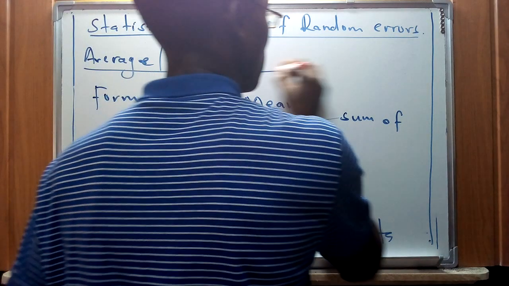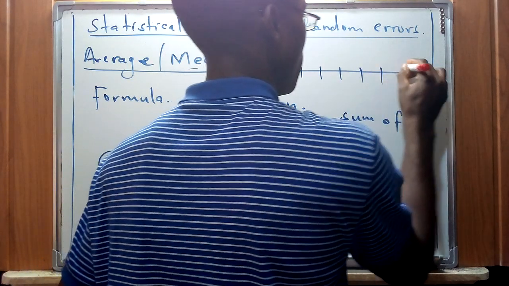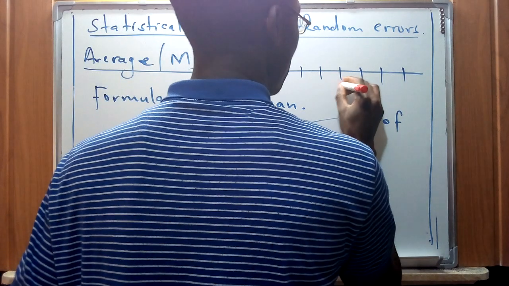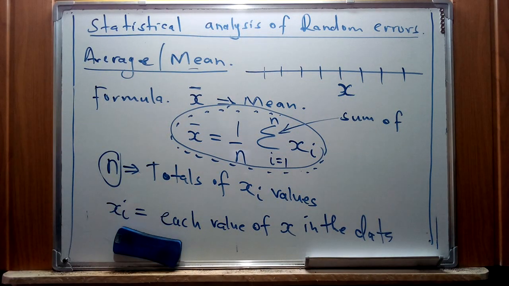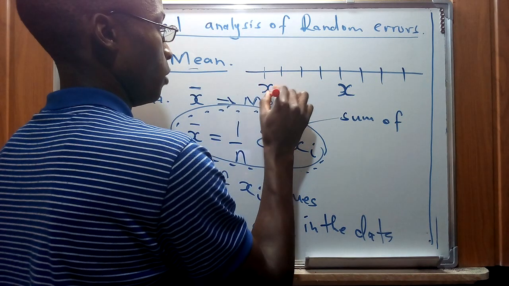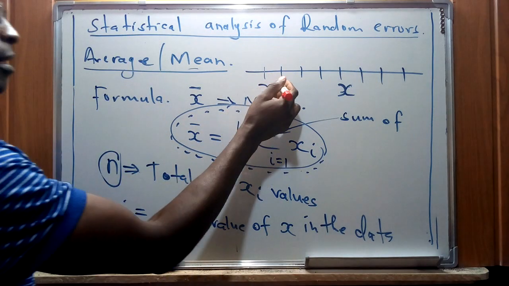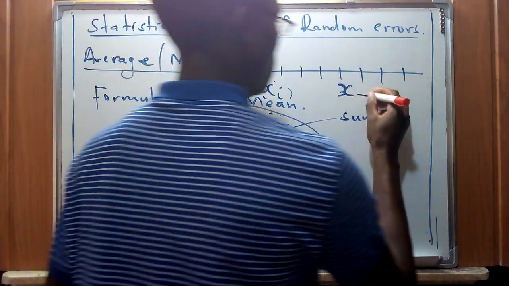I can use an illustration here. Perhaps these are the readings that we have obtained from that specific data. If we say that this is the true value, x, and we are trying to make some measurements, this distribution of readings here are the values of x, and this is the true value.